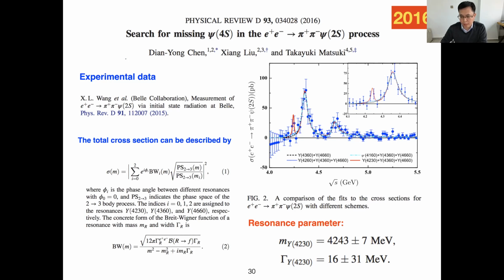You can notice that there exists a small peak in the cross section data for e+e- to pi+pi- psi(2S). We also give the resonance parameters by fitting the data. You can find that this is a narrow structure here. We also propose that the experimentalists should pay more attention to this structure.